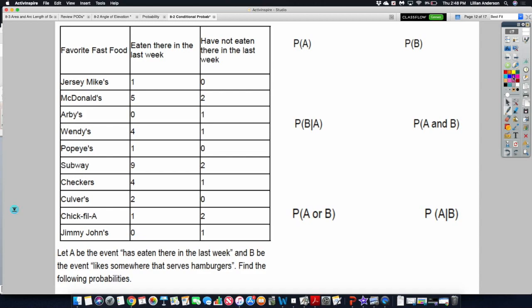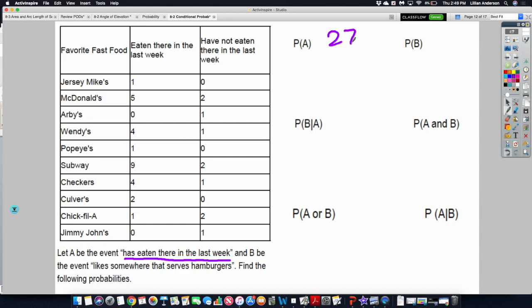Okay? So, the probability of A represents the event that someone has eaten there in the last week. How many people have eaten somewhere in the last week? Okay. 1 plus 5, 6, 10, 20... How many? 27.